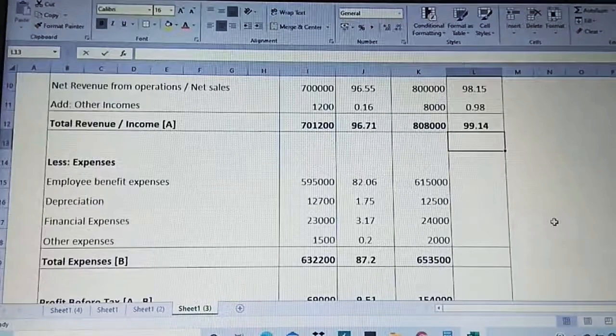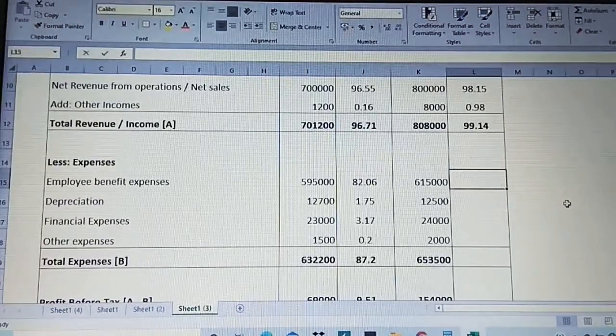Then 6,15,000 divided by 8,15,000. For this, keep the base value in mind.